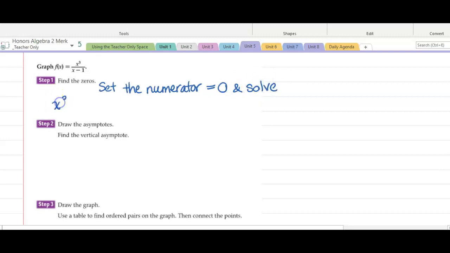So if we say x cubed equals 0, we would need to take the cube root of both sides, and we end up with x equals 0. That is one of our roots or solutions, our zeros. And that means the graph is going to cross the x-axis at x equals 0.